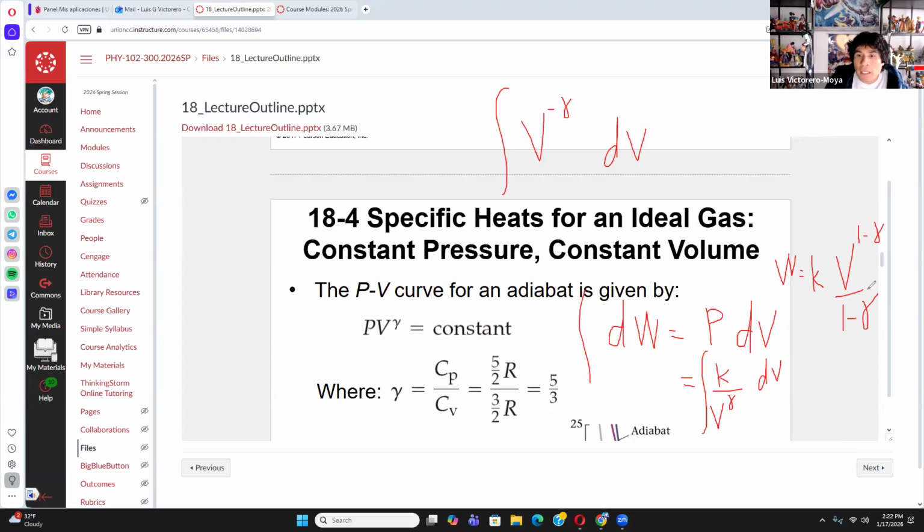So depending on the gas, you have to find this constant. Although this constant is just this. So you can just say that work is P V to the gamma, minus 1, multiplied by V to the 1 minus gamma, over 1 minus gamma. And then here, you will just cancel this and you can just find the value of work. That's if you want to find the value of work.